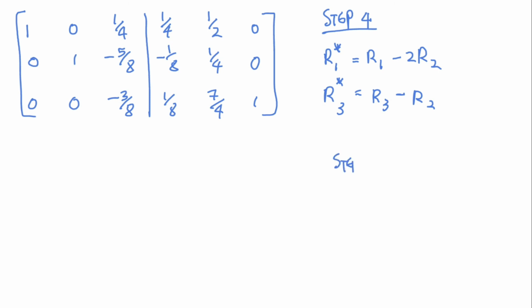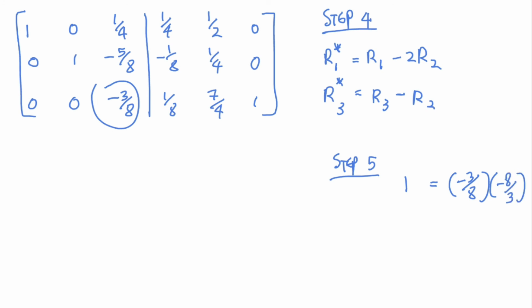For step 5, you want to obtain the element here into 1. Since 1 is equal to negative 3 over 8 times negative 8 over 3.